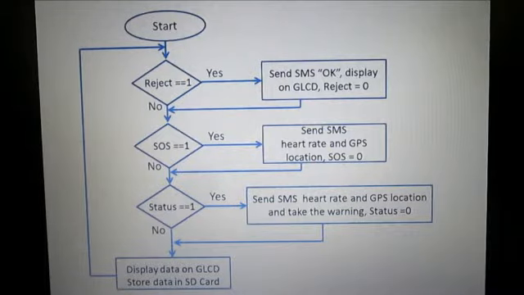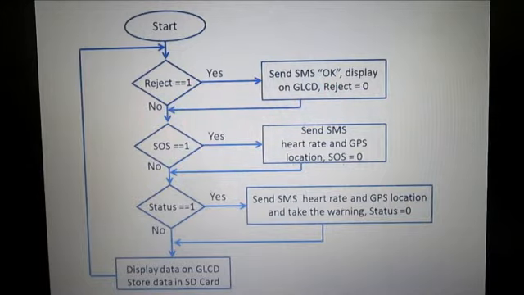How about the algorithm? As you can see, the algorithm is an infinite loop. When we start from the beginning of the main function, we must check the variable reject. If this variable equals 1, the MCU will send an SMS with the content of OK status, display on the LCD, and pull down the reject variable.